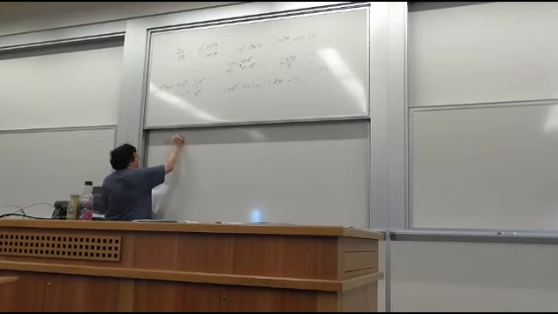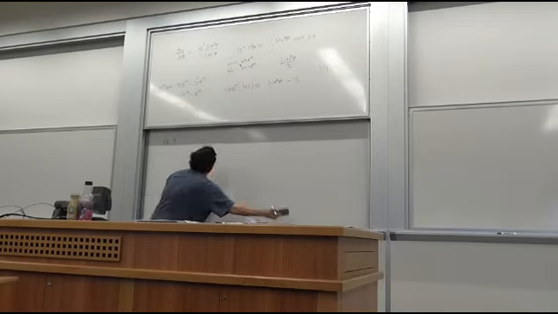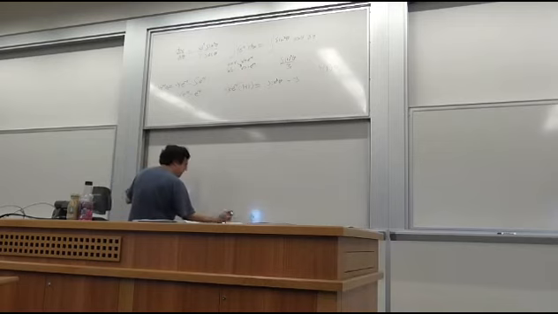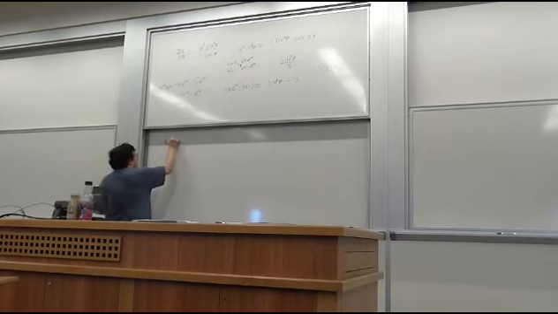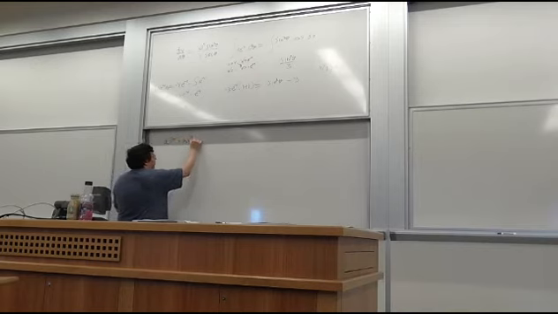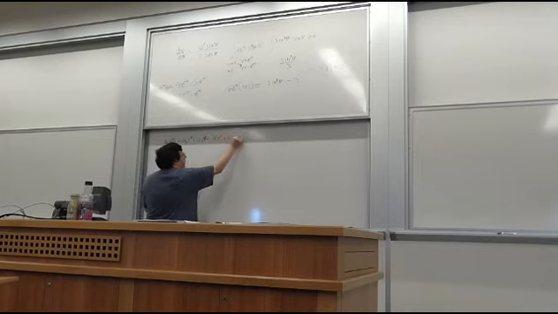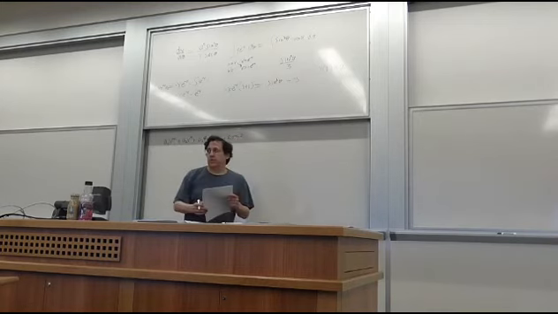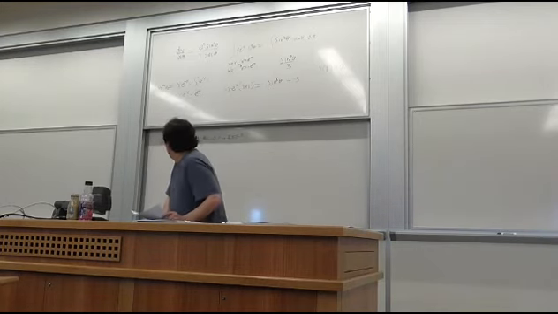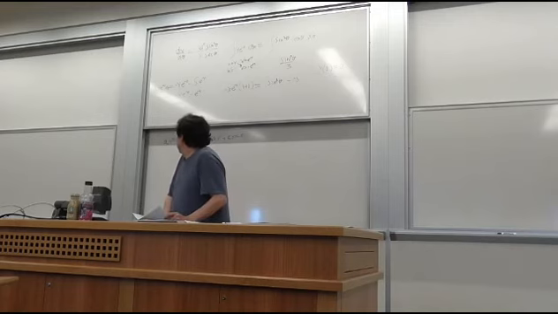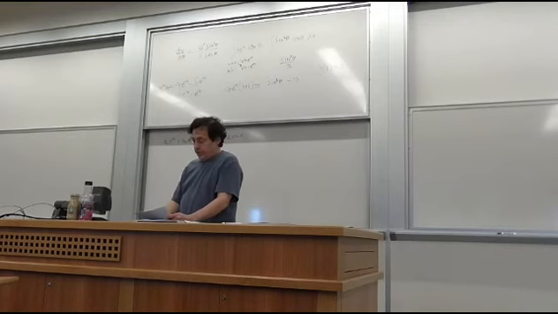Let's just give an example: a4 y fourth derivative plus a3 y third derivative plus a2 y second derivative plus a1 y derivative plus a0 y equals 0. This is just an example of a fourth order linear differential equation.